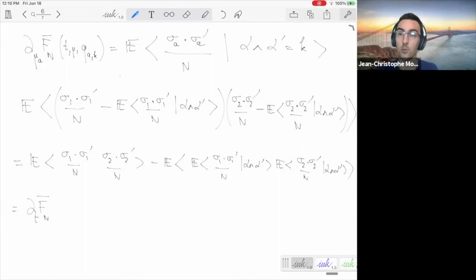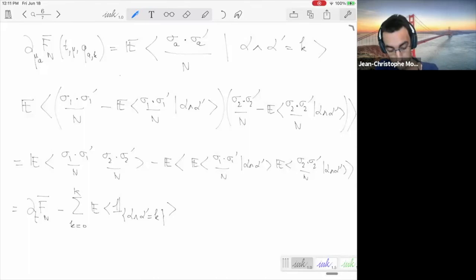And the second term, we do as before, we write this sum over k of the indicator function that alpha wedge alpha prime is equal to k. And then what we see on the right is these derivatives. Maybe I'm going to directly write the derivatives.